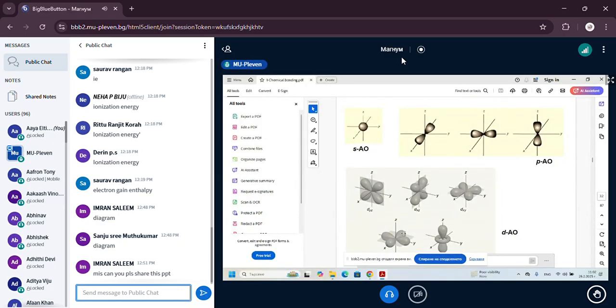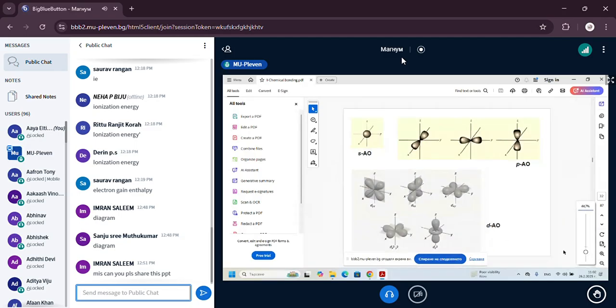This atomic orbital here cannot be seen, that's why I'll make it smaller, is indicated as dx2-y2.